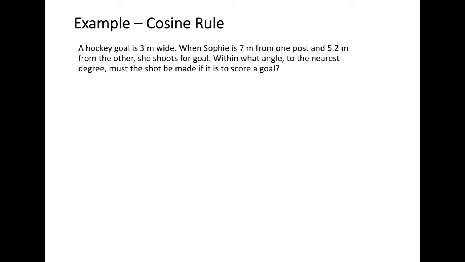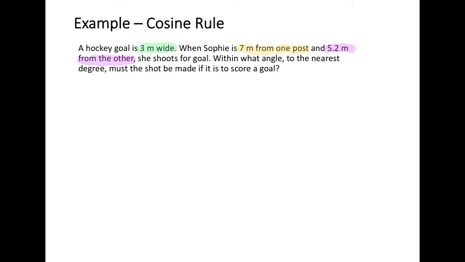Looking for important information in the question, I've got a hockey goal that is 3 meters wide. I know that Sophie is 7 meters from one post and 5.2 meters from the other post. So I can use that information to create a diagram that's going to help me to work out my answer.